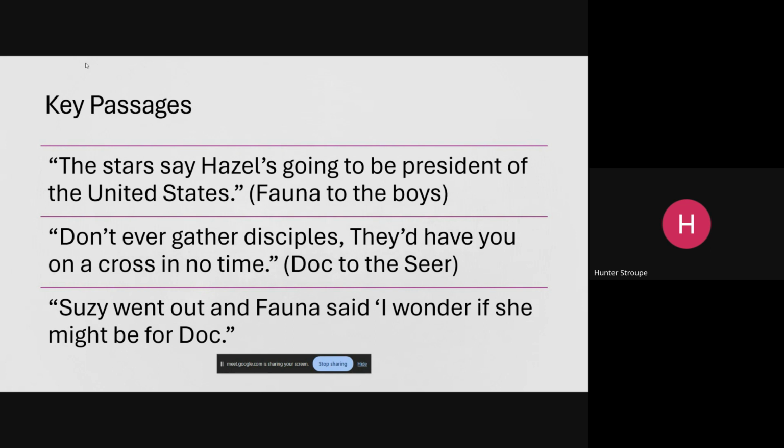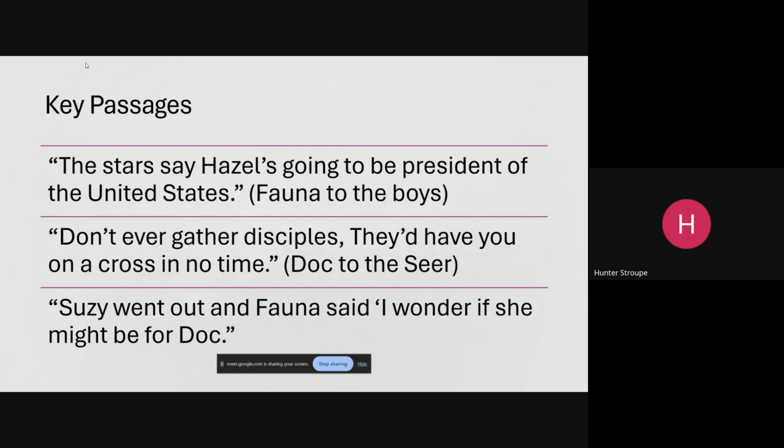And it's something similar that Doc says to the seer about midway through the novel. He says, don't ever gather disciples, they'd have you on a cross in no time. I just thought that was an interesting callback to a previous Steinbeck work we've read. Not really key to the central point or overall theme of the work, but just something interesting.